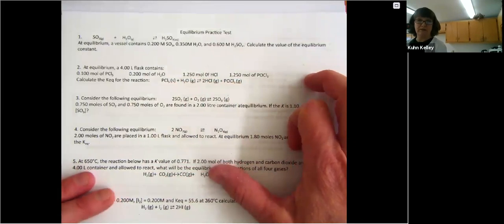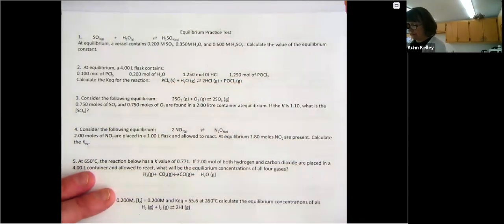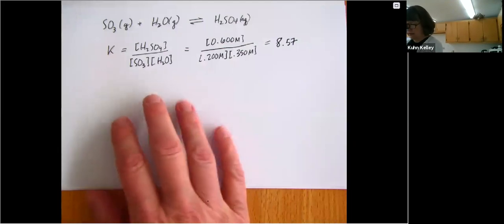So once again, I want to start by writing my equation and setting up my equilibrium constant.